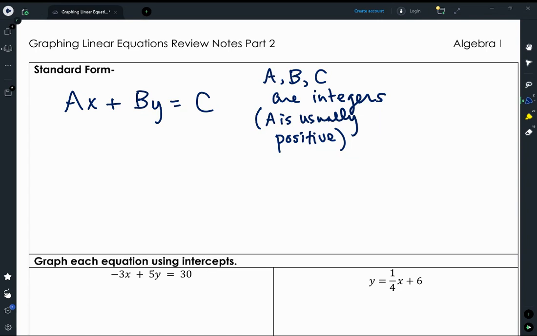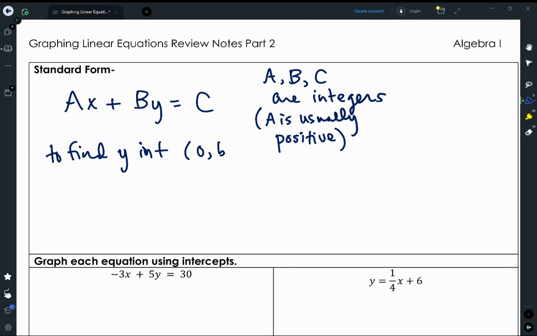One of the things that's easy to use standard form for is to find intercepts. In order to find a y-intercept, think about how your y-intercept was always 0, comma a number. So if we have it as 0, comma b, that's our y-intercept.